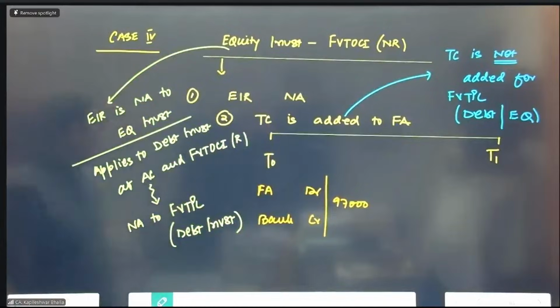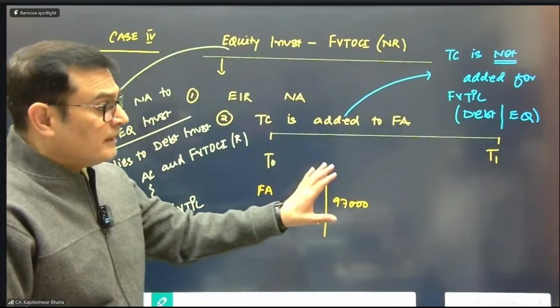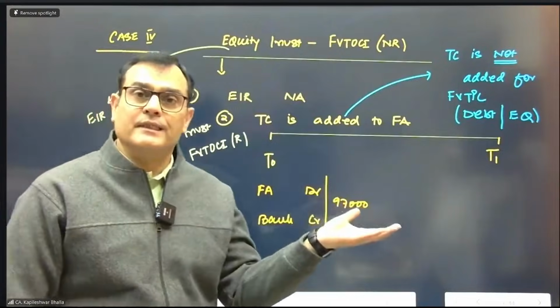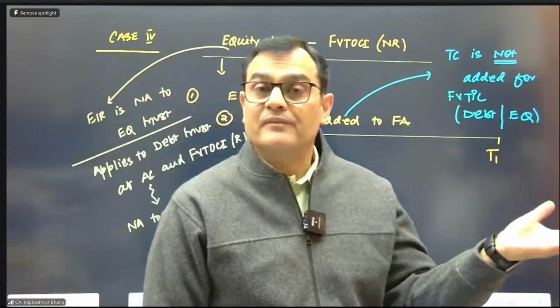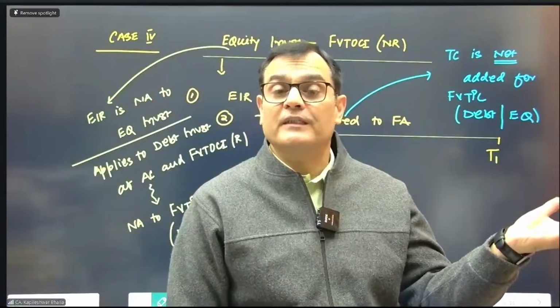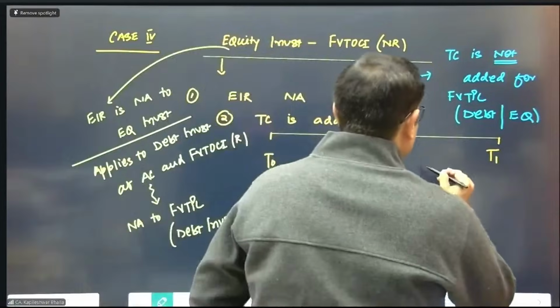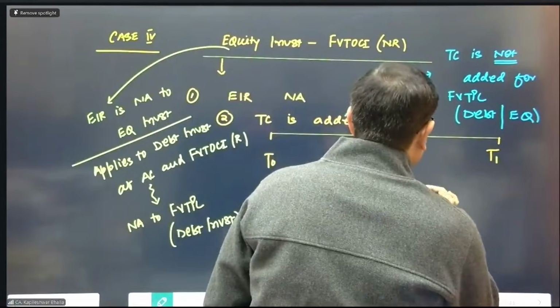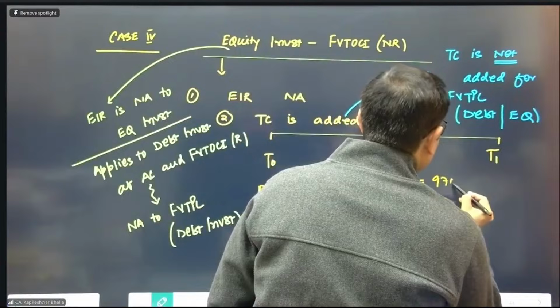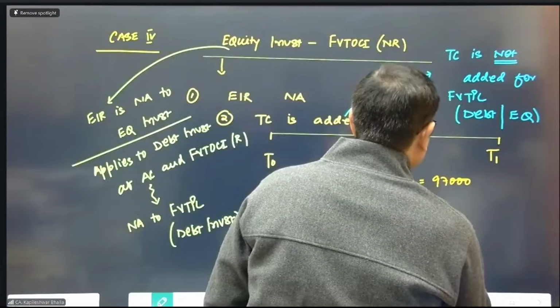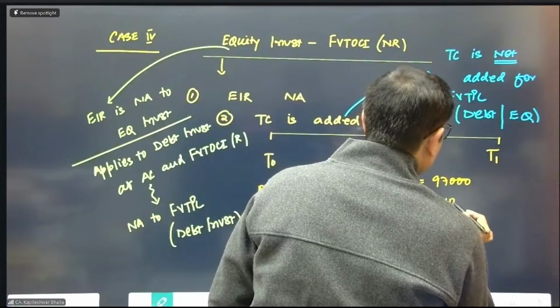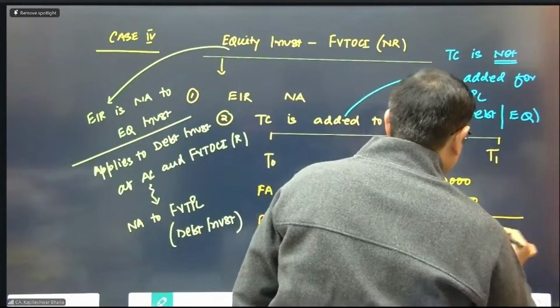Now let's say at the end of the first year, we sold off the investments. What is the book value? 97. And what is the sale proceeds? It is 1,10,000. So let's see the journal entry.